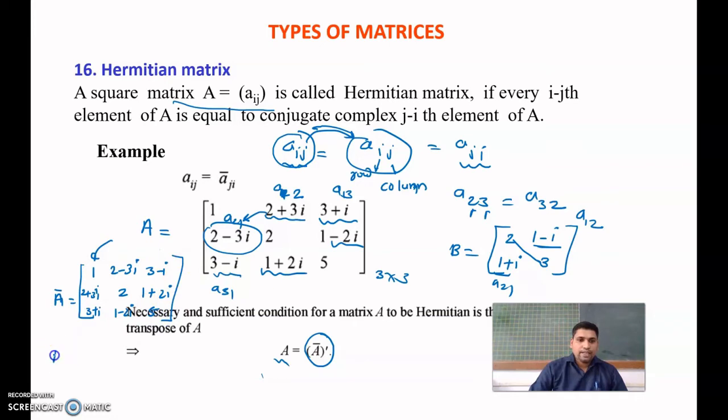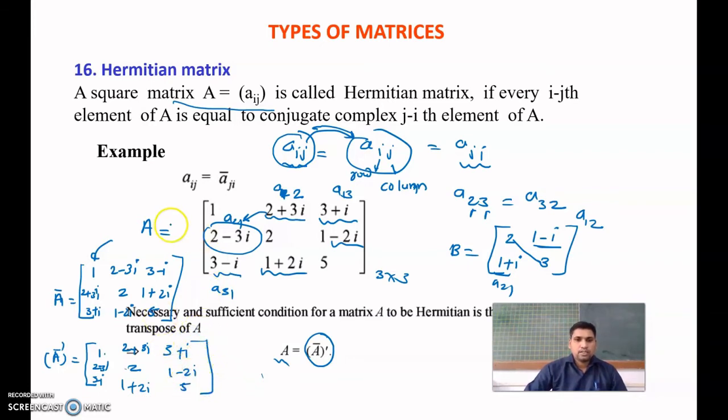Now I will take the transpose of it. So I will get 1, 2 minus 3i, then 3 minus i, 2 plus 3i, 2, 1 plus 2i, 3 plus i, 1 minus 2i, and 5.